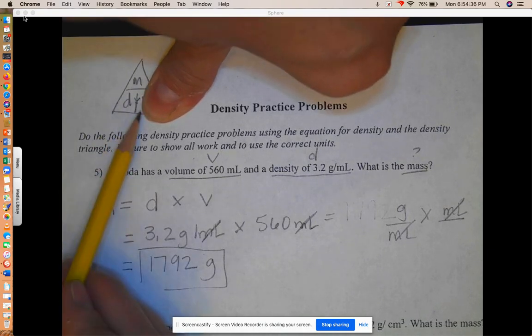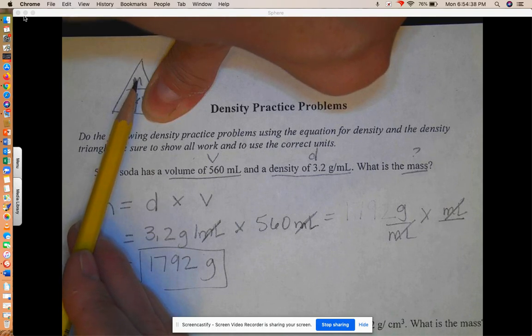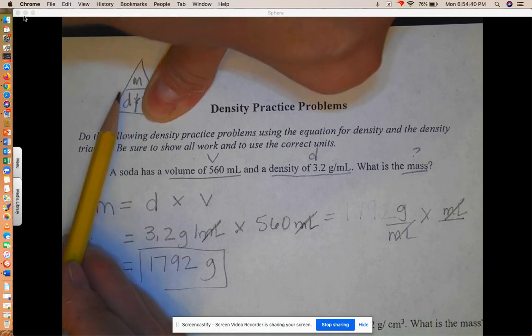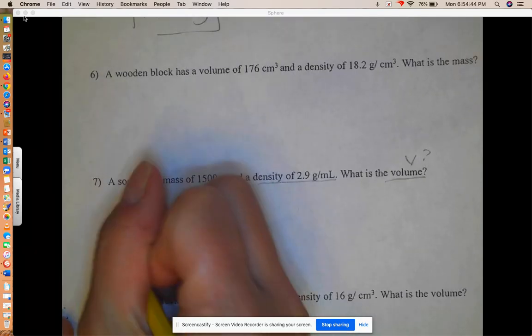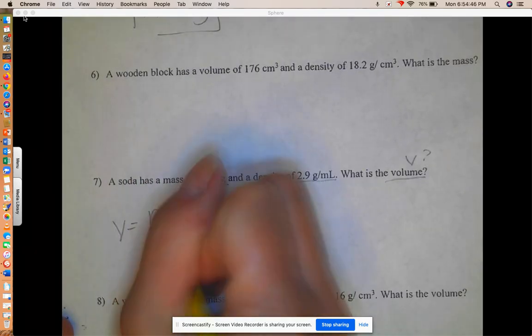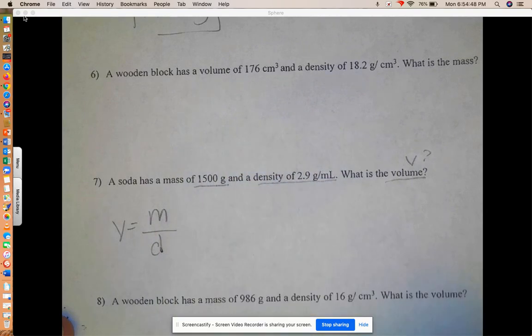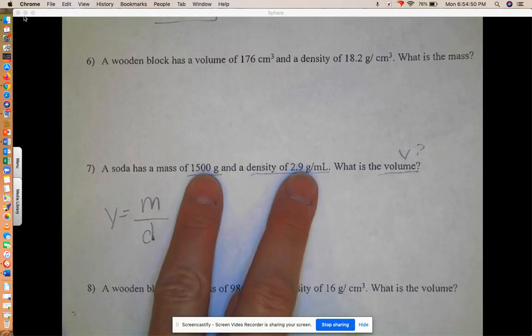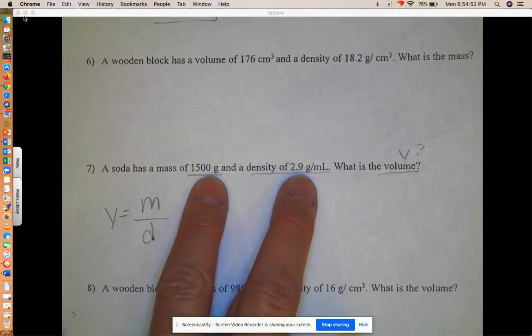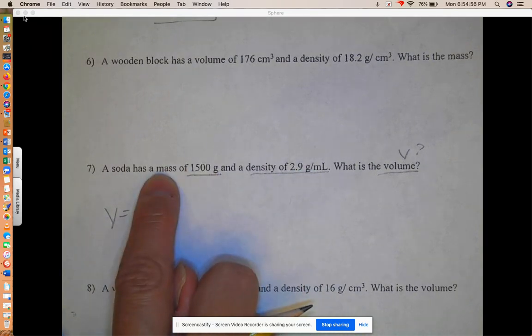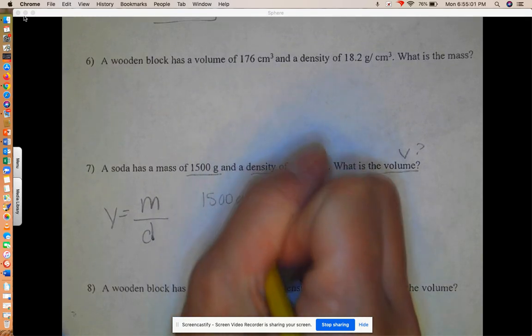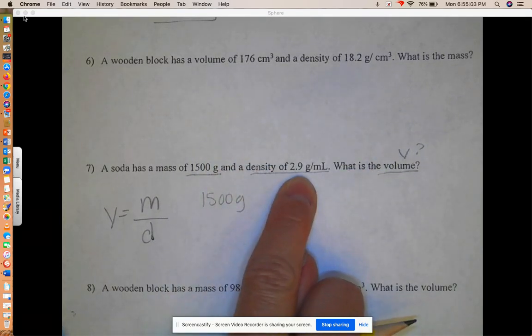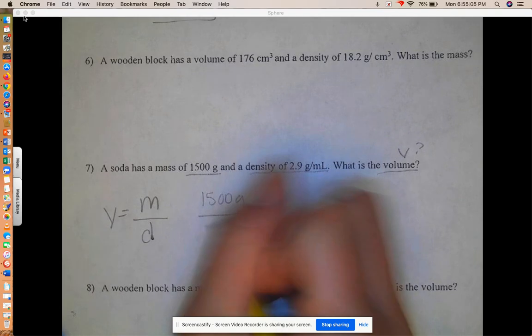So to solve for volume, I actually have to write down my mass and divide by my density. So the formula would look like this. Volume equals M over D. And you know what those two things are because you've read the problem and underlined those numbers in units. So you know that your mass, and it tells you right here, it's the mass of 1,500 grams, and my density is 2.9 grams per milliliters.